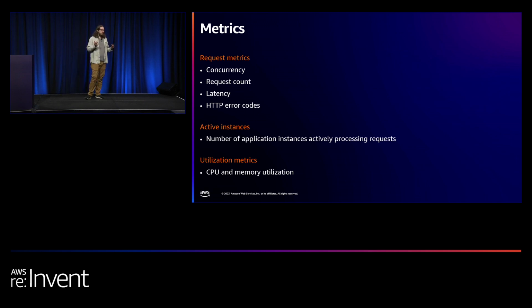The total number of requests in a particular period. The latency, so how long did it take to get a response back from your application, as well as the number of failures where your application might have returned a status code other than 200. App Runner is also going to give you the number of active instances, so how many instances of your application are running, and their utilization metrics, so how many resources they're actually using.